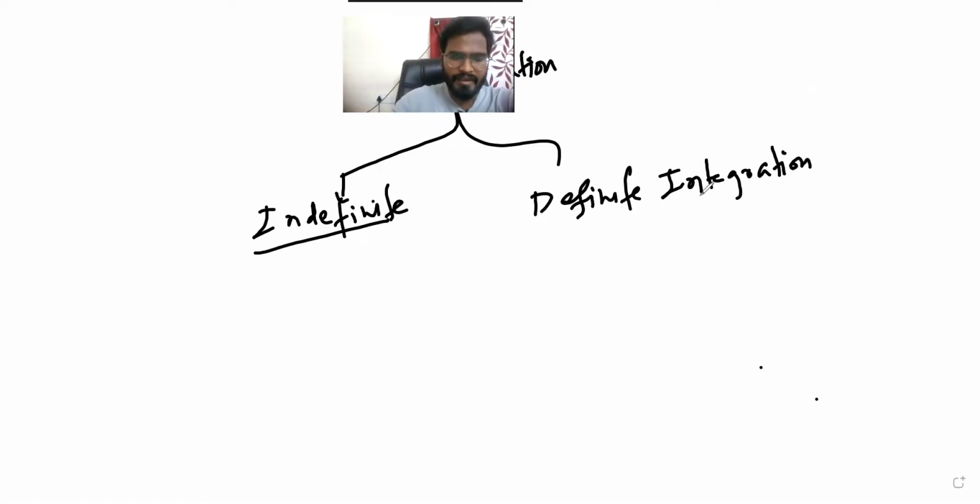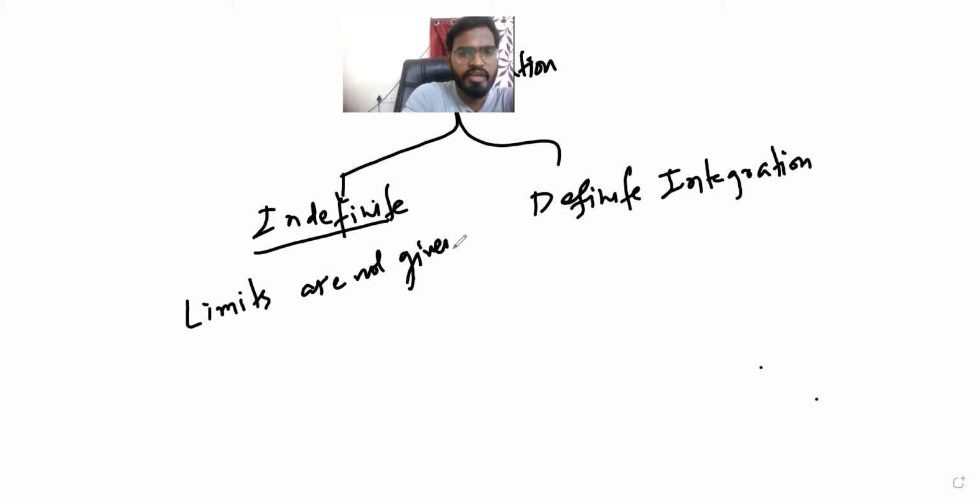If you will see here in indefinite, limits are not given. As usual, we should have a notebook and pen. We should write it down. That helps a lot in physics, maths, any subject. Fine, limits are not given, and here limits are given.